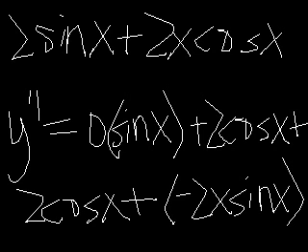So our final y double prime would be 4 cosine x minus 2x sine x.